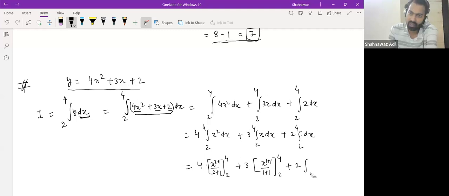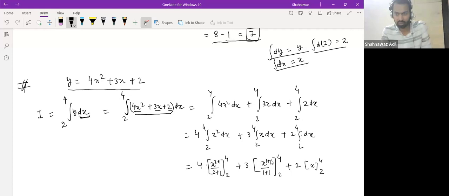So I can simply write that integration of dx is simply x. Integration of d of y would be simply y. Integration of d of x would be simply x. Integration of d of z would be z. Just remember.